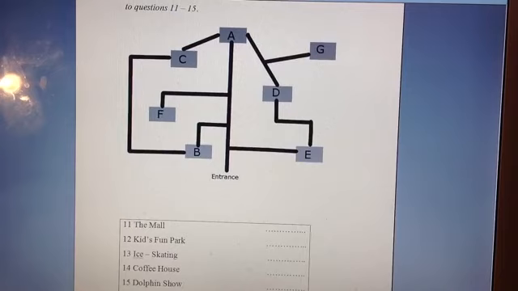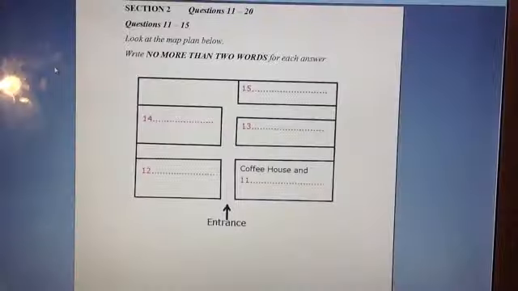So, as you can see, it is very similar to a diagram labeling task. There are going to be more options than you need. You have to follow the order of the questions and not the order of the letters, and search for landmarks in the map to be your reference guides. Okay? And here's another example of map labeling. Another type of map labeling task here.